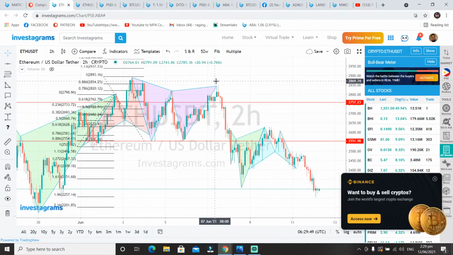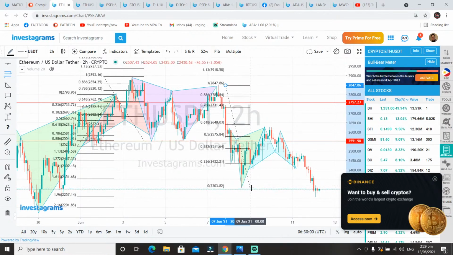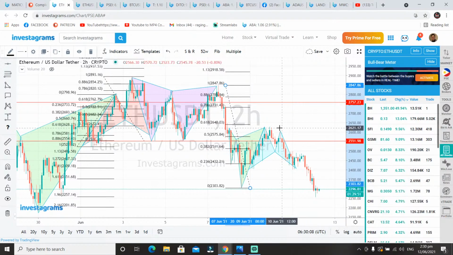Basically, it's already this one. X, A, B, then C. So B is actually... So that's why I'm saying that this could go a little deeper if it's going to follow the trend. So although it broke this one, it already broke this one, so that's already invalid.